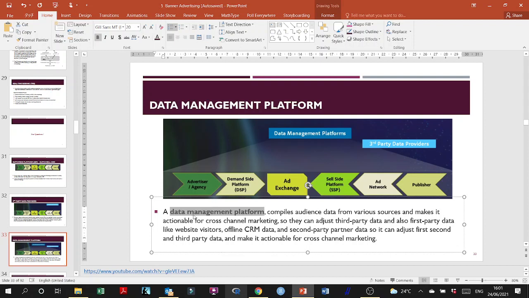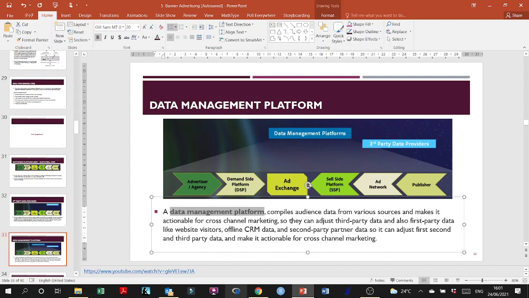So the data management platform compiles the audience data from various sources and makes it actionable for different channels, so that they can adjust the third-party data providers and also the first-party data providers.